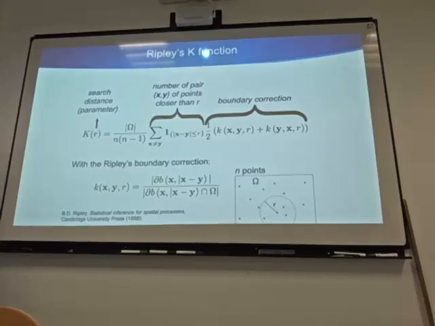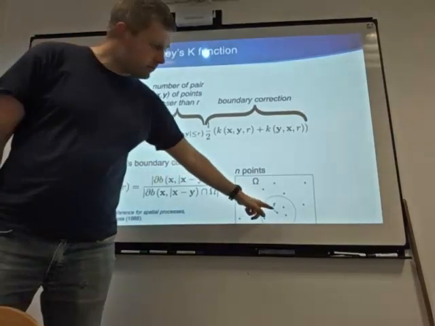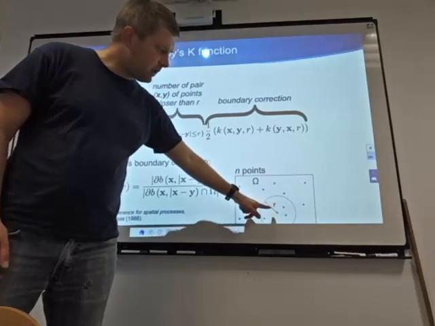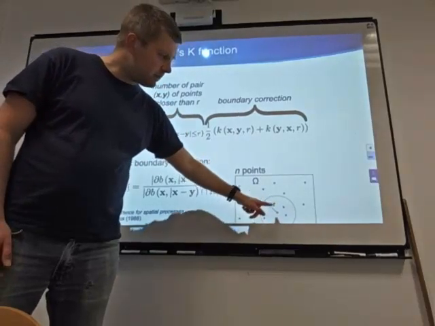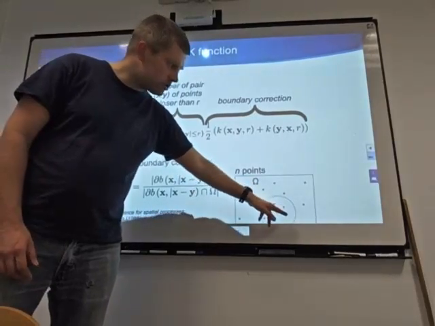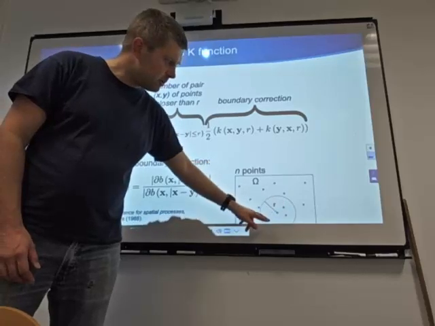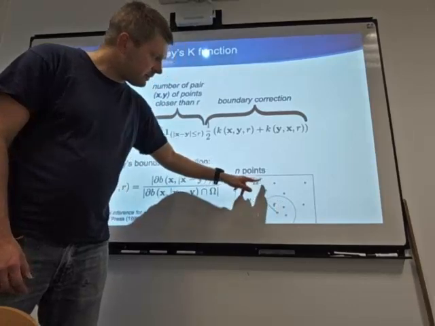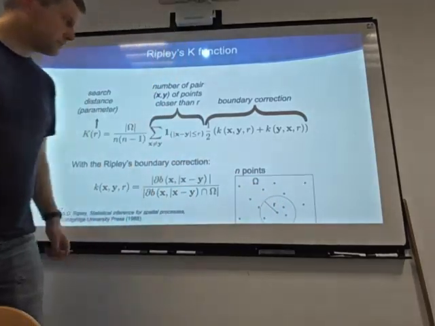Why do you need a boundary correction? Because for all the points that are close to the boundary, if you look at the distance r around, naturally for a random distribution you will have fewer neighbors compared with a point that is right in the middle.